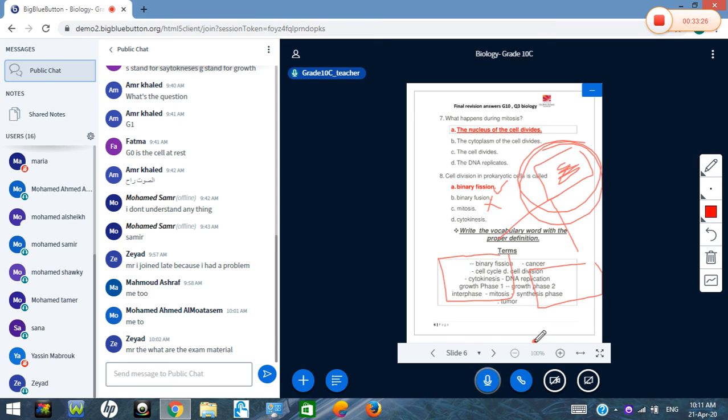Growth phase 2, or G2: most of the cell organelles are divided or made. Interphase is the longest part of the cell cycle. Mitosis is the division of the nucleus of the cell.